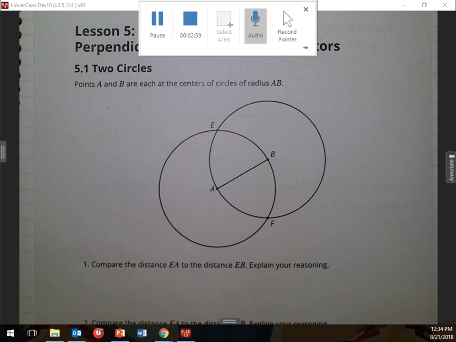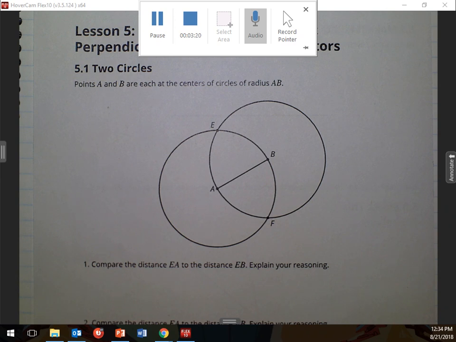What about the circle? They're the same size. If they are the same size circle, then for circle B over here, AB is the radius, isn't it? Yeah. Isn't any point from the center to any point on the edge of the circle also considered the radius?